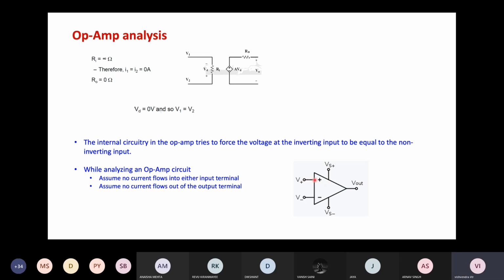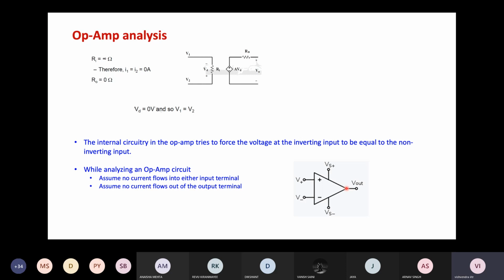Which means that because there is no voltage difference, and the resistance is also infinity, no input current is there. Also, a direct consequence of that is that no current flows out of the output terminal. So on this side, no output current flows.